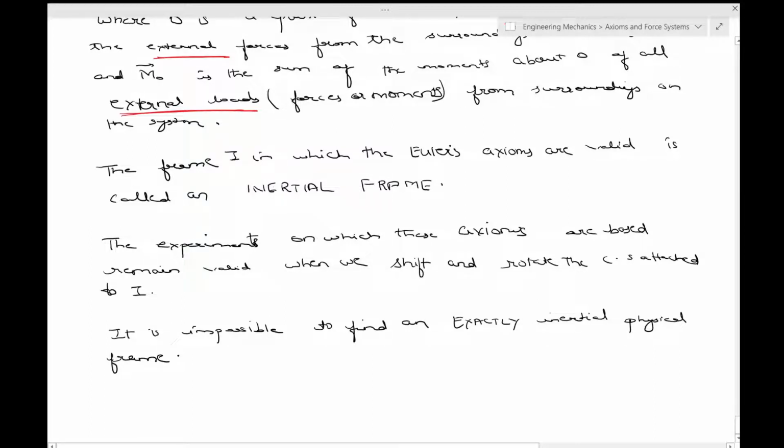So let's take the closest approximation, and there are some examples.